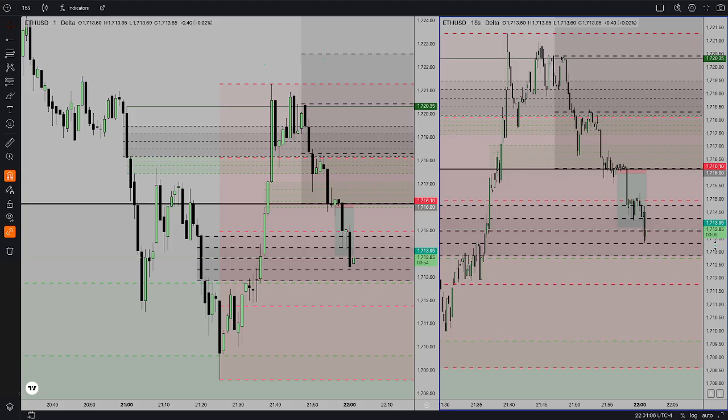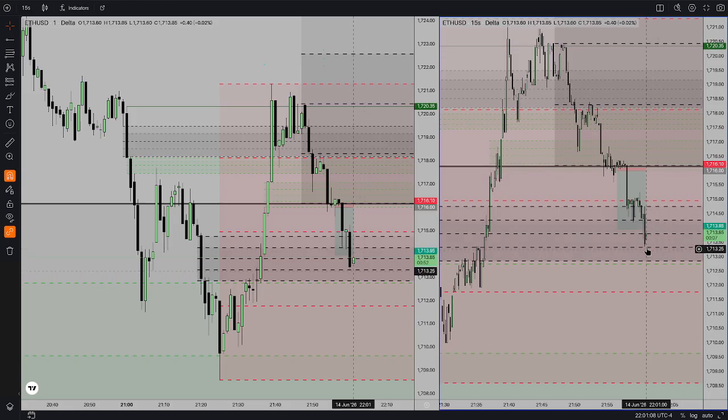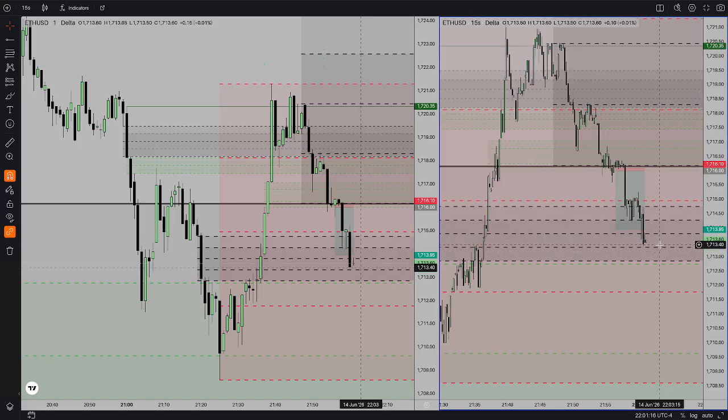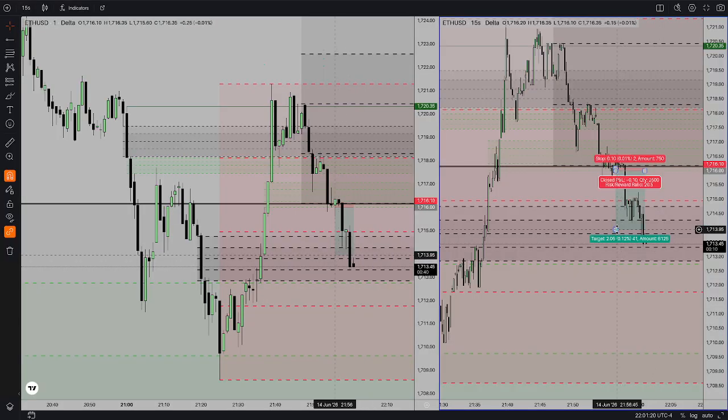These are the quadrant areas. Move down towards the lower quadrant of the CB. I'm going to see how it reacts from this particular level.